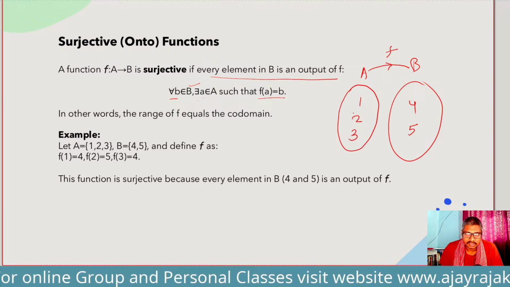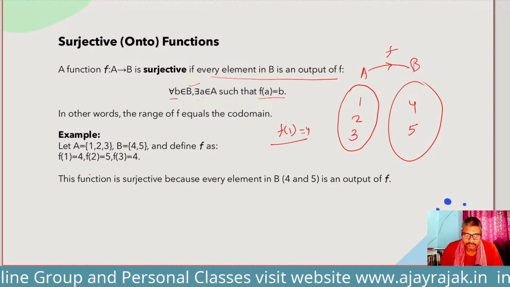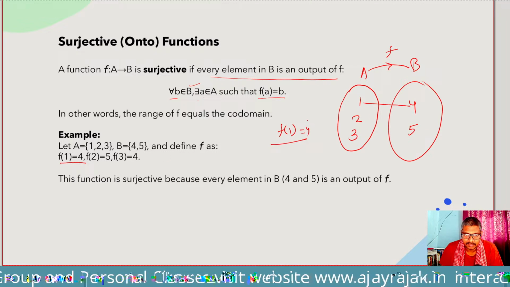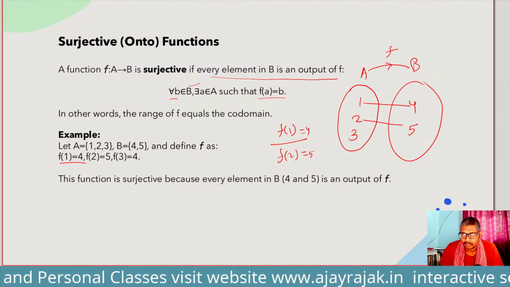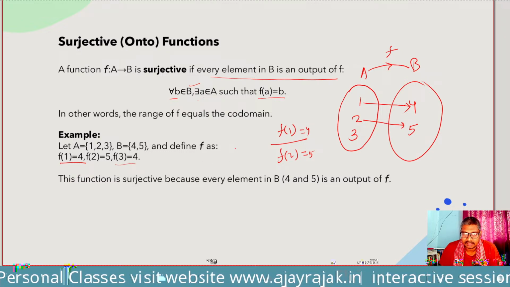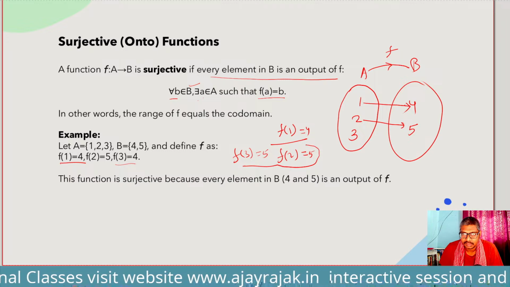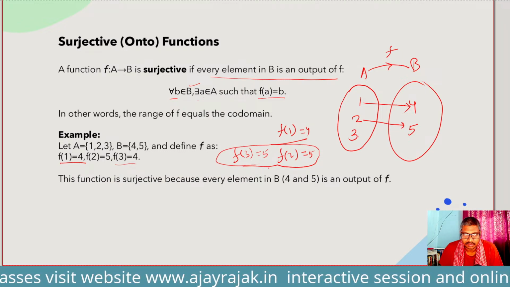So when we put 1 in f, suppose we get 4, so 1 is associated with 4. When we put 2, we get 5. But when we put 3, we again get 5 as output. What you observe is that 2 and 3 give the same element.